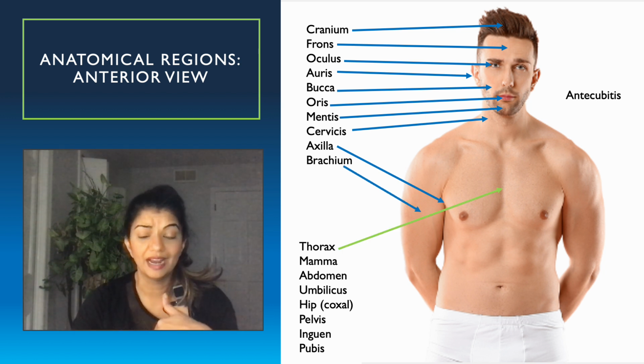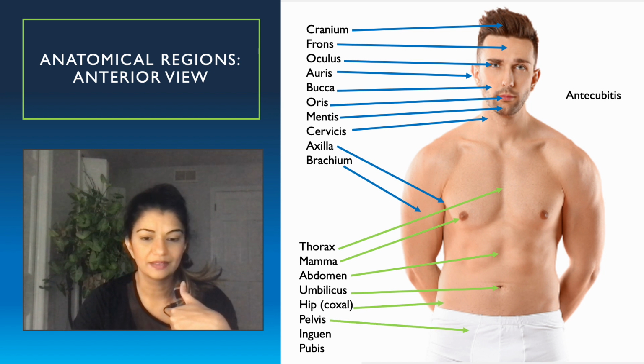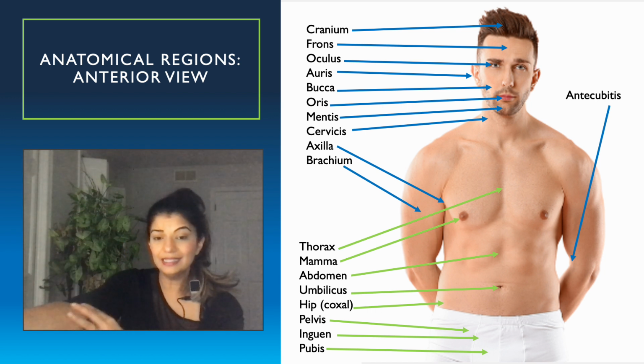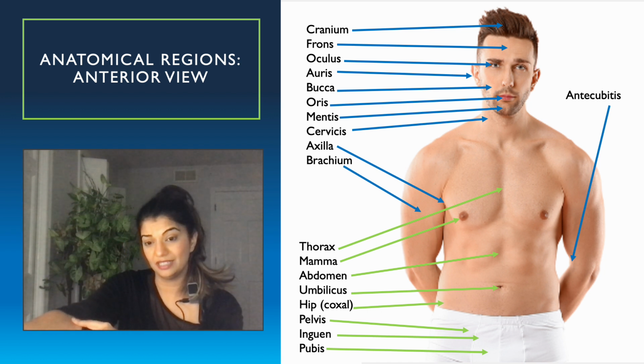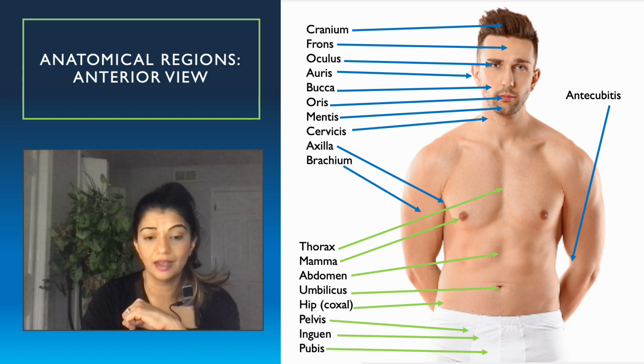Then we've got the thorax. Mamma, which is going to be your mammillary area, abdomen, umbilicus, hypocoxal area, pelvis, inguine, and pubis area. And then one on the inside is going to be your antecubitus. That's the inside of your elbow. And that's one that's often overlooked that people don't recall.